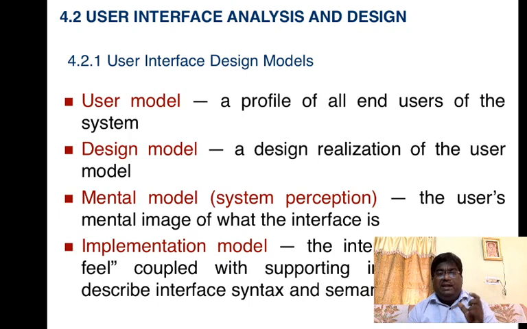The user is the end person who uses the system. For simplicity, we have to make a good interface. Users are of different types and different levels: expert, medium level users, low level users. So we always design a good interface for low level users, end users.